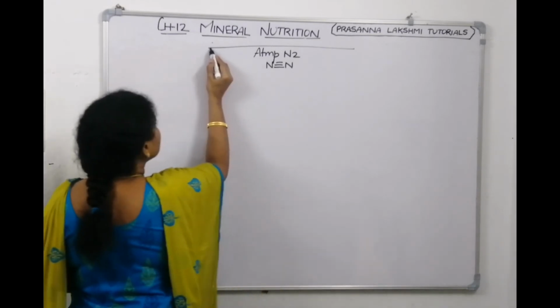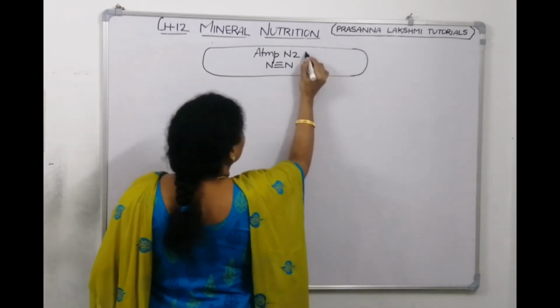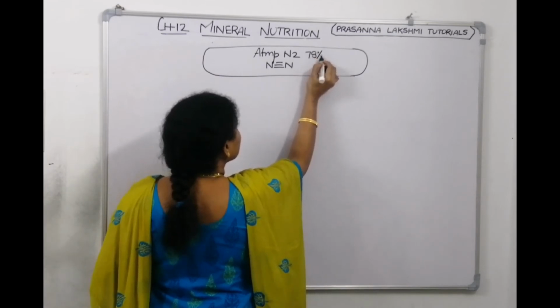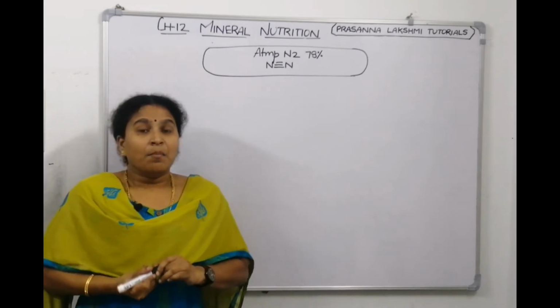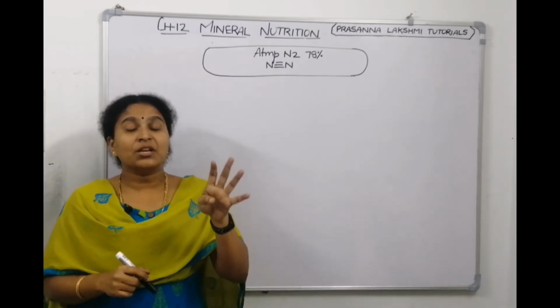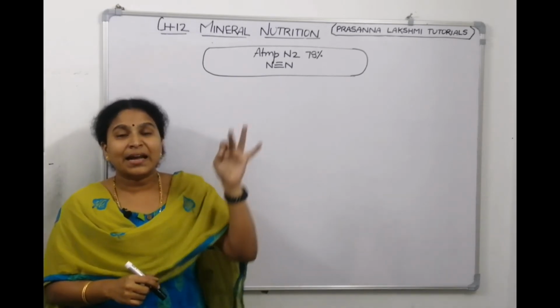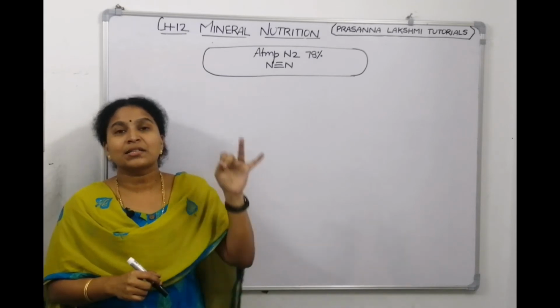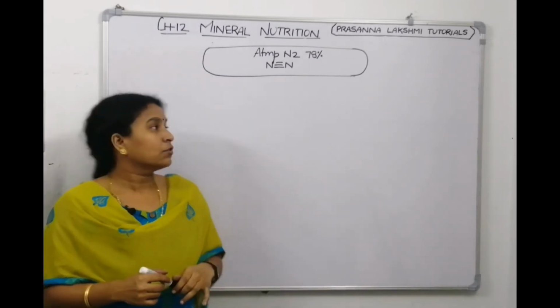How much percentage is there? 78%. And just now we discussed that microorganisms will do biological nitrogen fixation, industries will do industrial nitrogen fixation, and thunder, lightning, storms and UV rays will do electrical nitrogen fixation, and they give it to the soil.